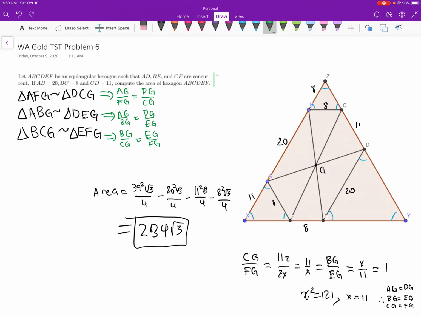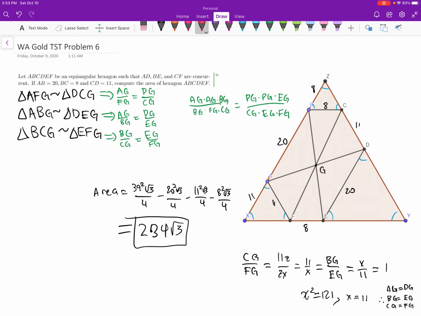And I'll do some magic here now. Let's say we multiply each of the fractions. So first, if we multiply all the fractions on the left-hand side, we can get AG times AG times BG over BG times FG times CG is equal to, if you multiply all the fractions on the right side now, DG times DG times EG over CG times EG times FG.